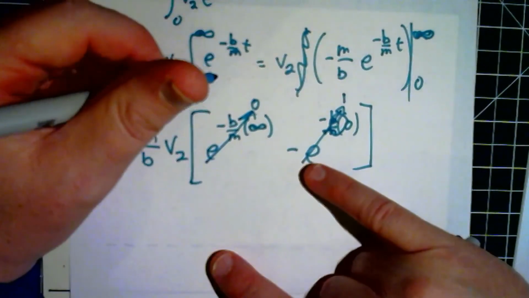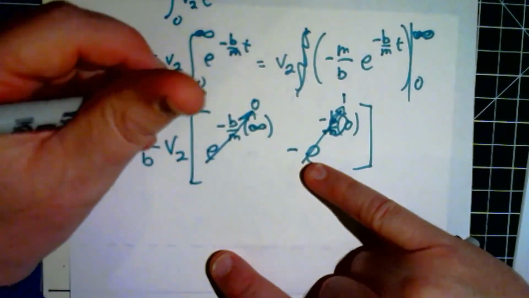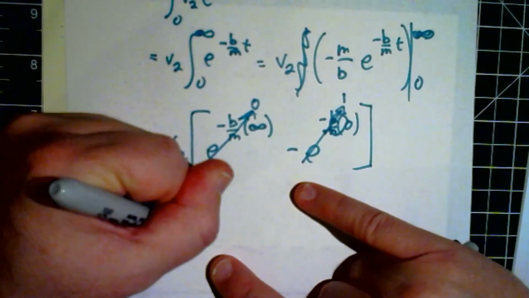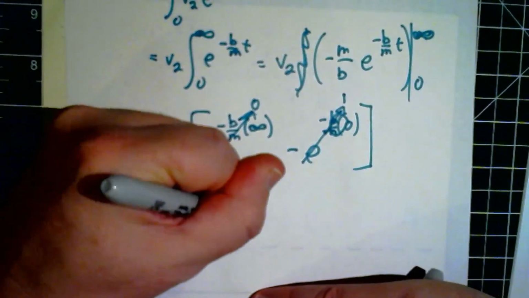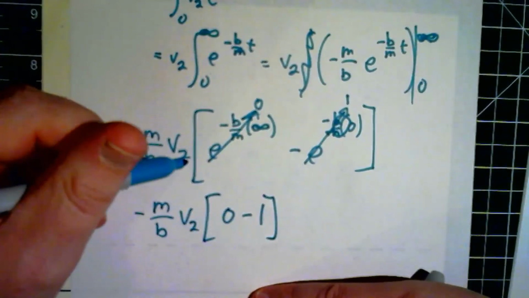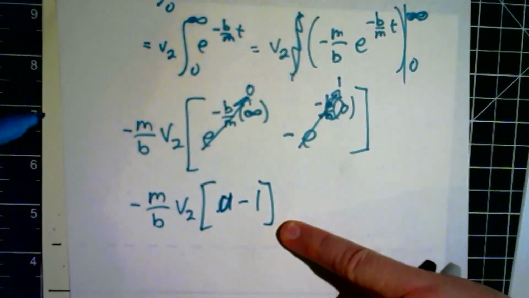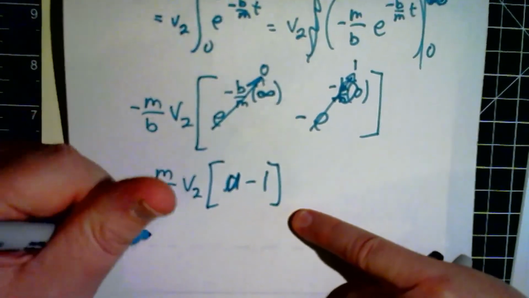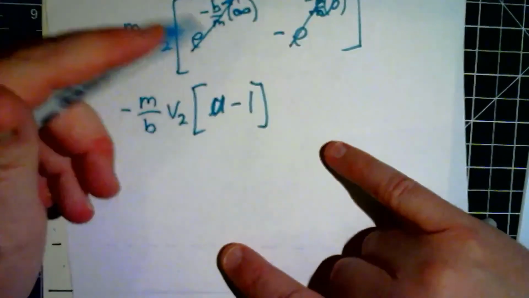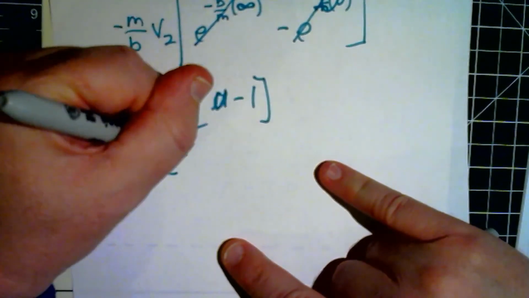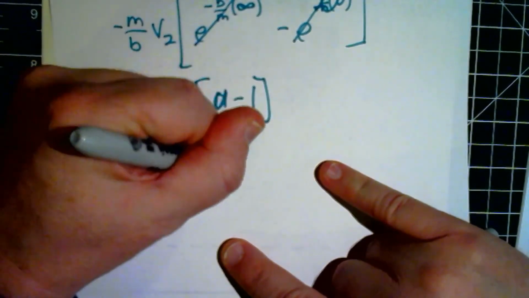So our total final answer is going to be minus m over b times v2 times 0 minus 1. And so all that means is you're multiplying by negative 1. And so this minus sign goes away. And so your solution for your displacement is equal to m over b times v2.